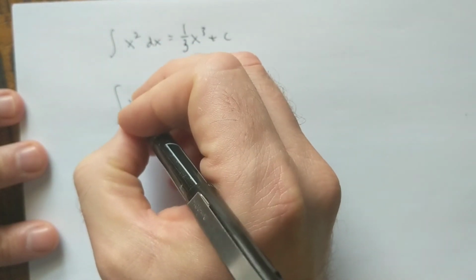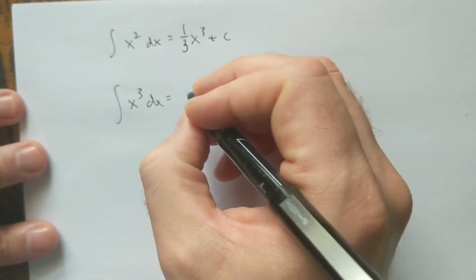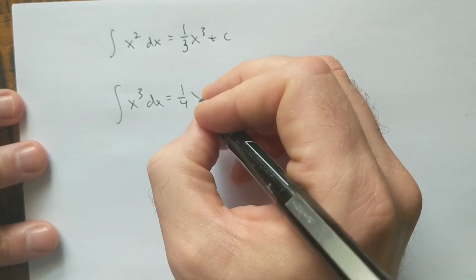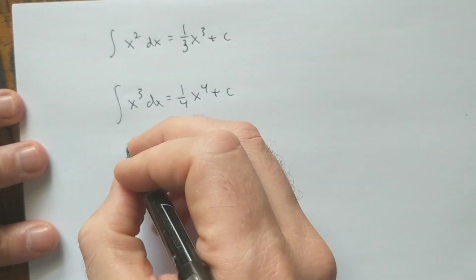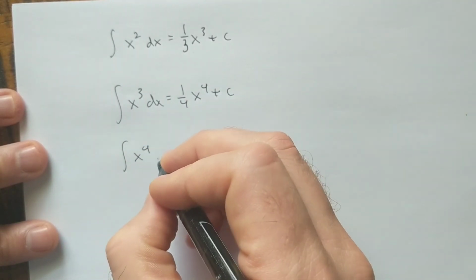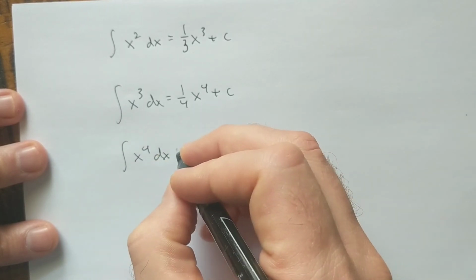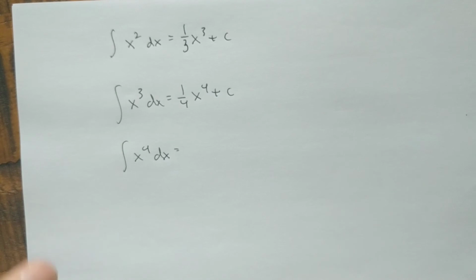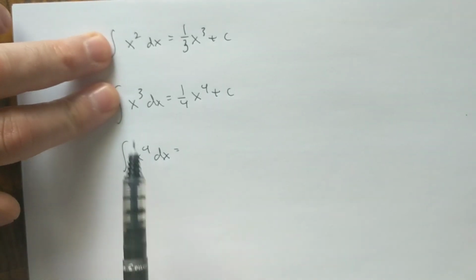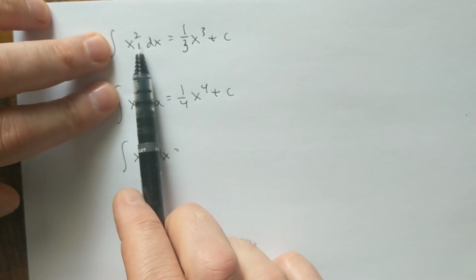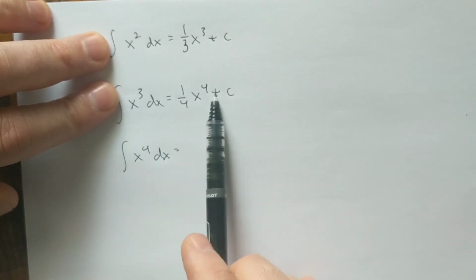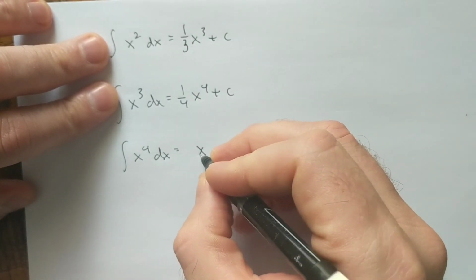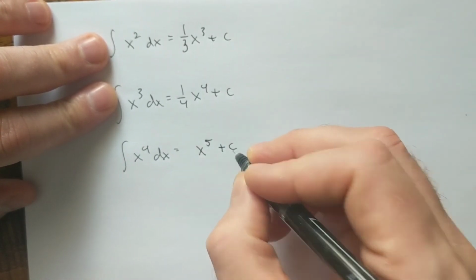If I take the integral of x cubed, I have 1/4 x to the 4th. Let's try to guess what we'd get if we take the antiderivative, indefinite integral, of x to the 4th. Well, what appears to be happening here, similar to the derivative, is that I'm doing something in the exponent, but I'm adding 1 instead of subtracting. So let's go ahead and say this is going to be x to the 5th.